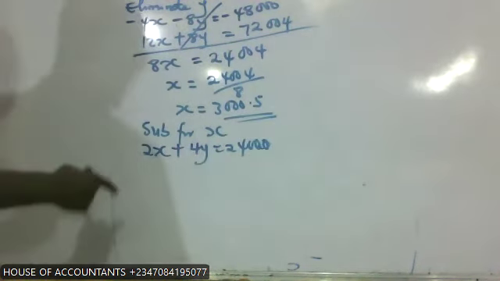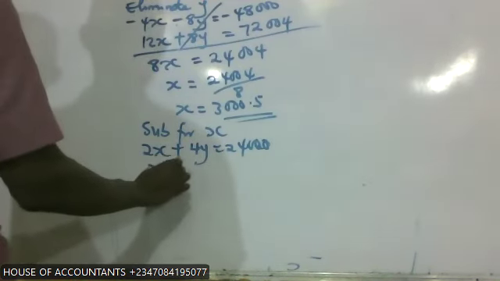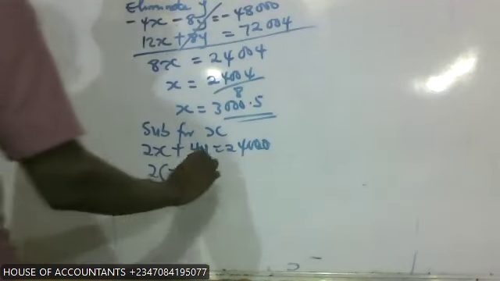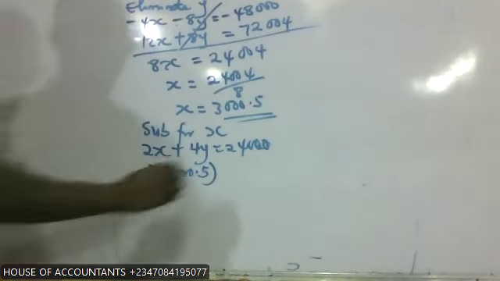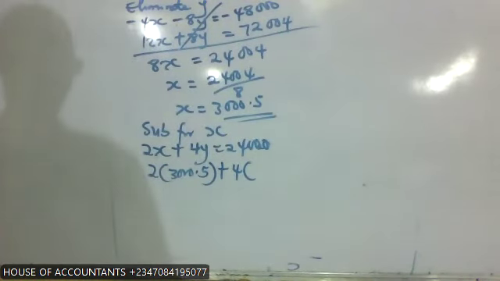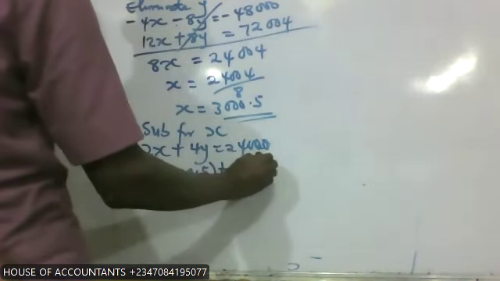So anywhere we see x, it becomes 2 times 3,000 point something, plus 4y equals 24,000.